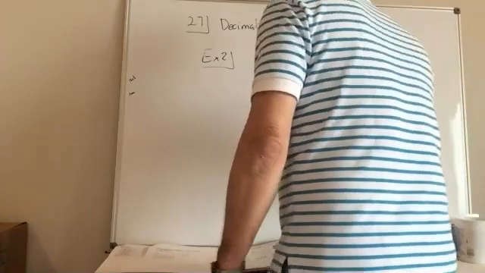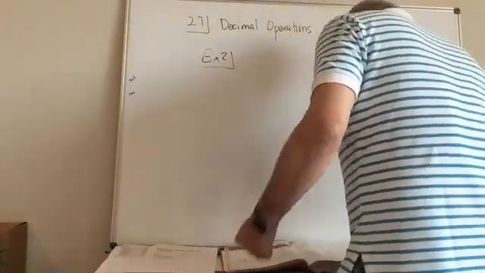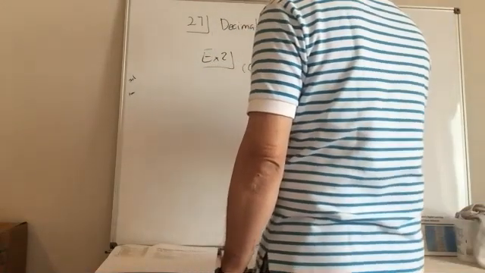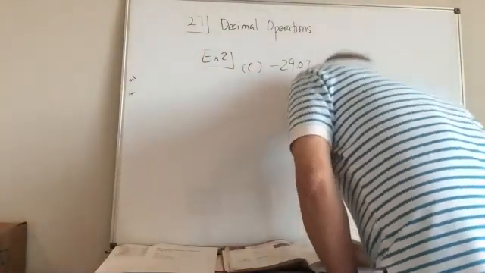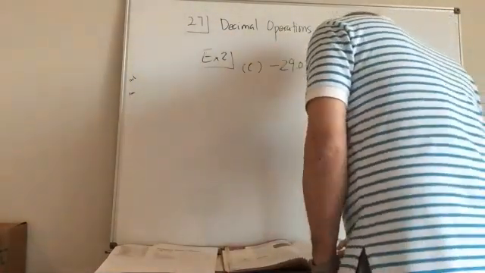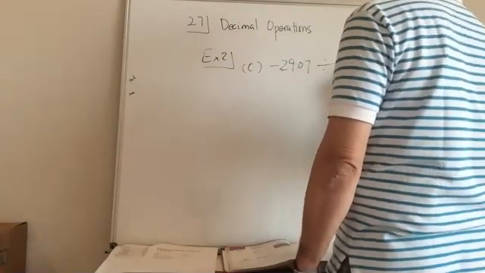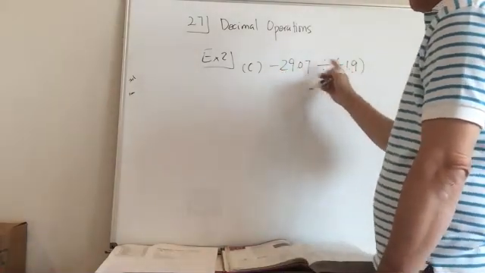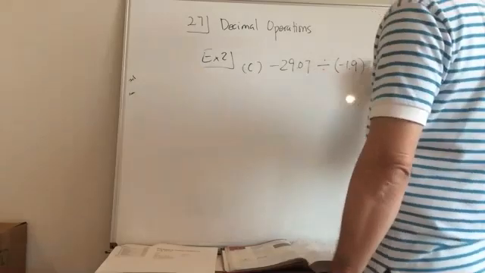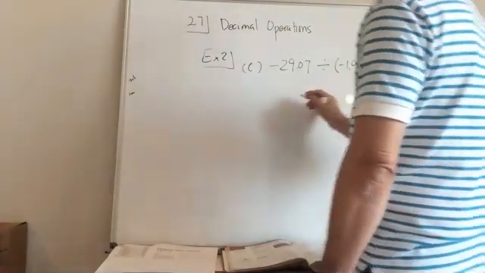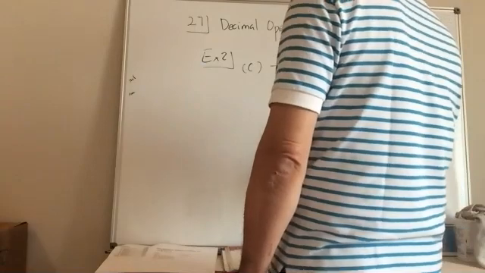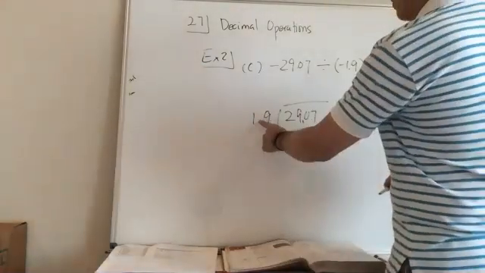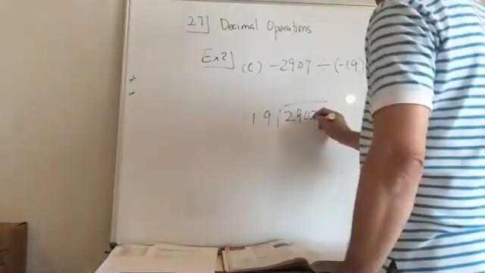So we do C here. C is negative 29.07 divided by negative 1.9. Okay, so what do I have here? I have a negative number divided by a negative number. Negative divided by negative is positive. So we have a positive number. Now let's go ahead and do the actual division. 1.9, so I'm going to move this guy over 1. I'm going to move this guy over 1.